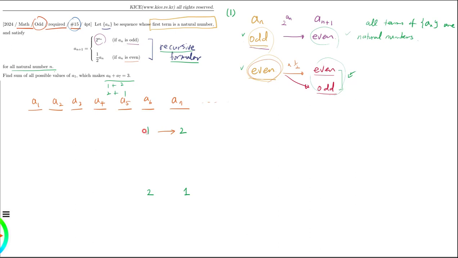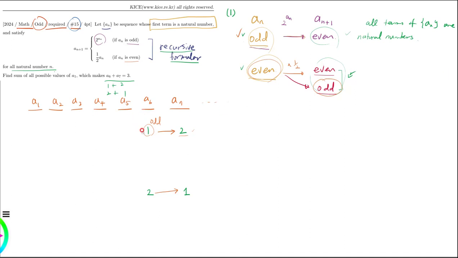Because one is odd goes to even, so in this case, odd goes to even. And even goes to odd here, 2 goes to 1. Okay, that makes sense. And let's go backward.